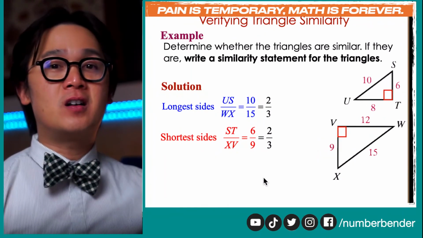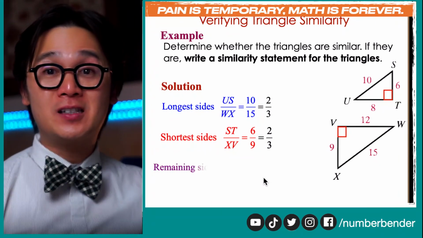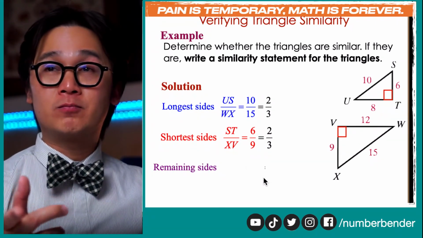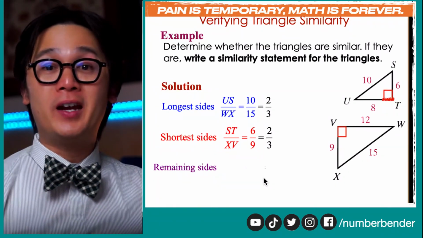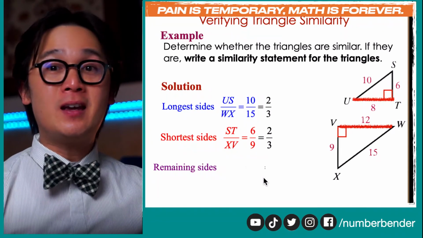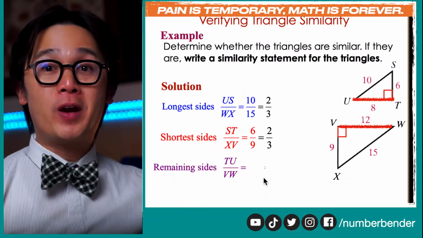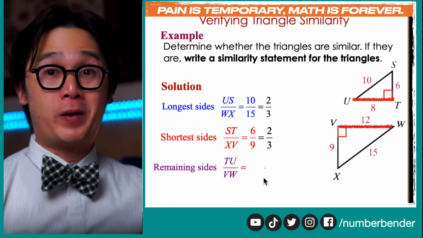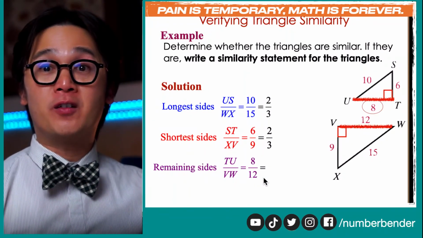And to further show that our last corresponding sides have the same proportion as the first two sides, let's show that UT over WV will have the same ratio as the first two pairs. So we know that we have 8 and 12 for the measurement of TU and VW.